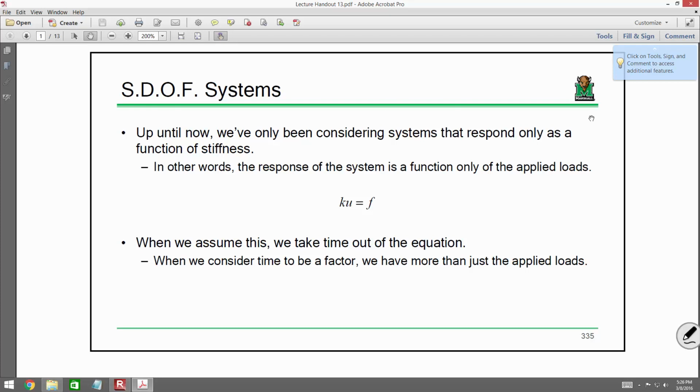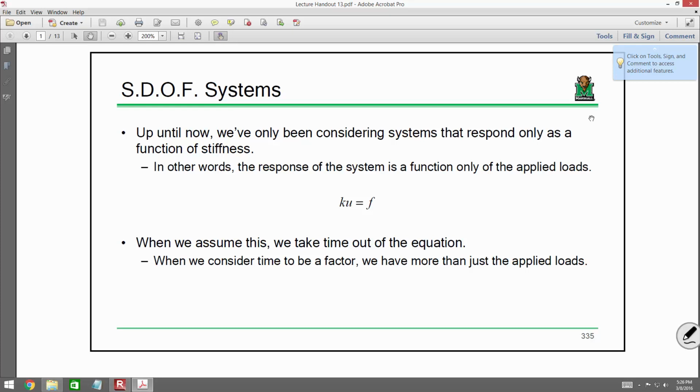But if you consider time to be a variable, then that's going to be cause for concern. Okay. What you can find, and this is really why structural dynamics and vibrations are even a field of study, is that if you consider time, you can actually have a worse effect than if you assume everything's applied statically.